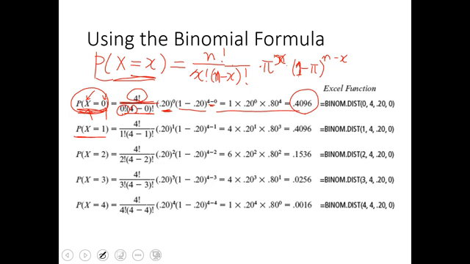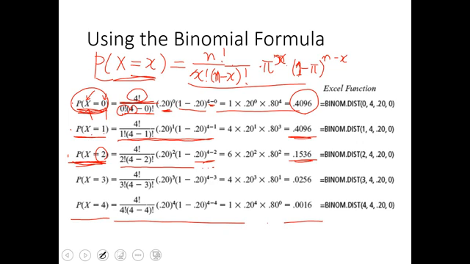And the probability that X is equal to 1 is given by this equation, and we have this probability. The probability that the number of uninsured patients is 2: apply this equation, and we obtain this number. Okay, and so on.